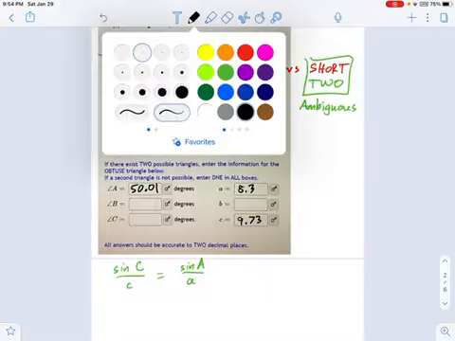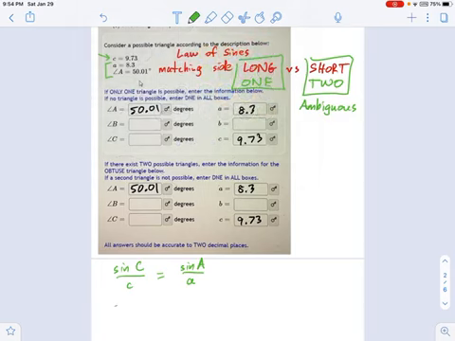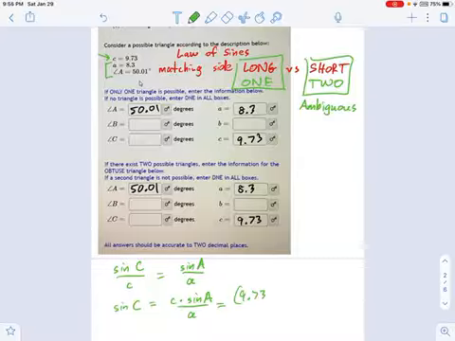So I'm going to solve this guy now, angle C. And we're going to set it up this way. I'm going to say sine of C equals the side C times sine of angle A divided by side A, which, using those givens, is 9.73 times the sine of 50.01 degrees, all divided by 8.3.